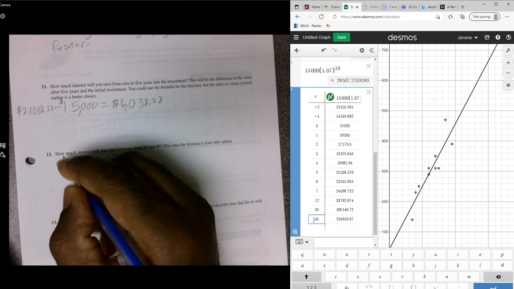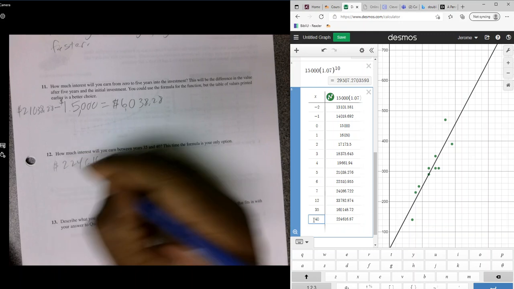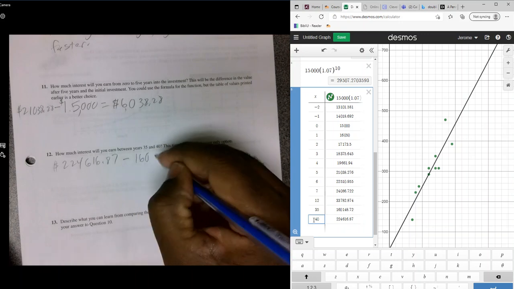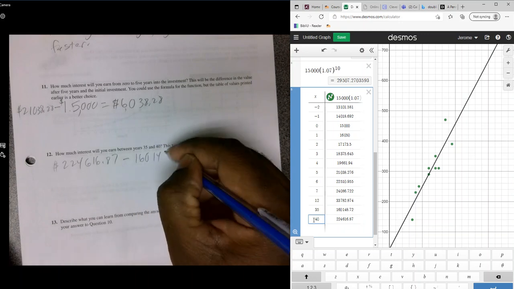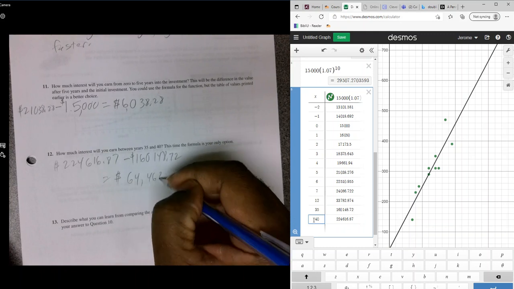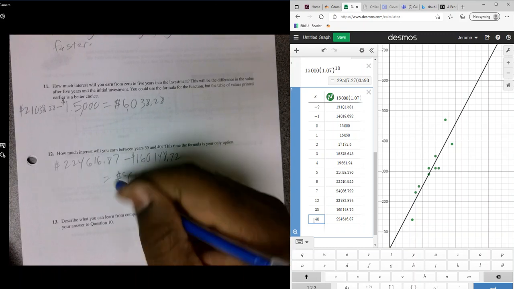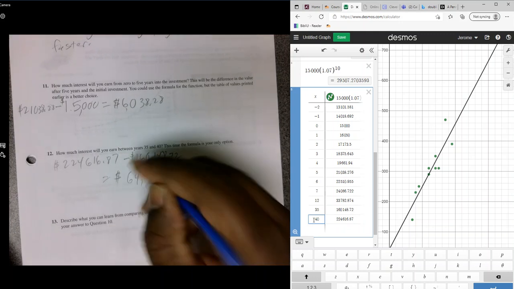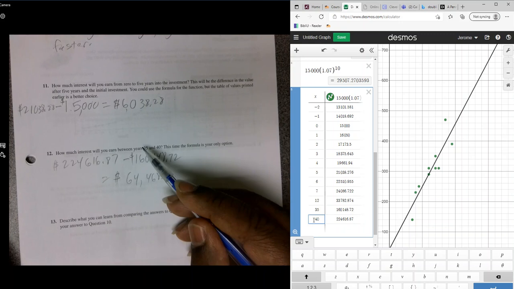And when you subtract those two, you end up with $64,468.15. Now, both of these are 5-year periods, but as we said earlier, the longer you go with this, the higher your interest is going to be. This is over 10 times more interest from years 35 to 40.